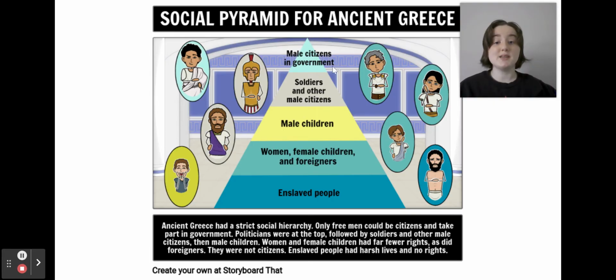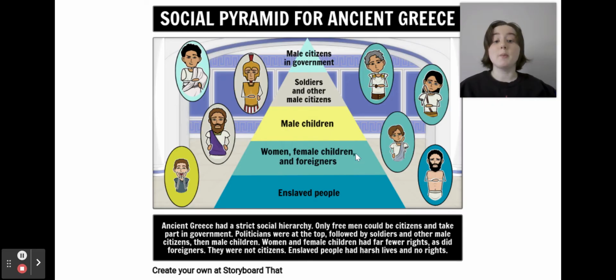Then, under male citizens in government, we have soldiers and other male citizens. Under that, we have male children. So remember, these aren't citizens yet, but these male children have the potential to become citizens once they're adults, because remember, children aren't citizens. Then, under that, we have women, female children, and foreigners.